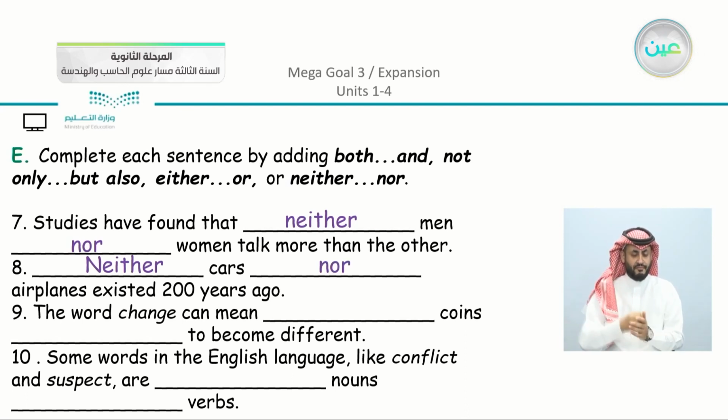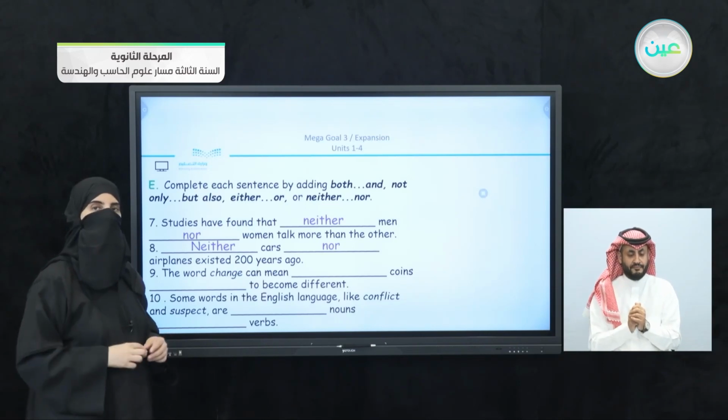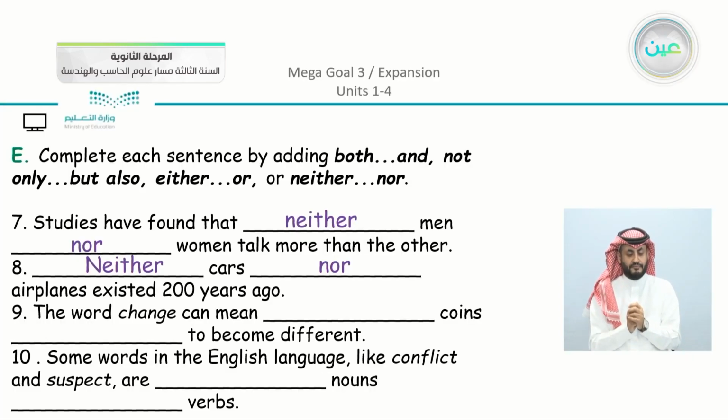And also I remind you to pay attention and watch out for your capital letters. The word change can mean blank, coins, blank to become different. What do you feel is suitable here? We can add either count coins or to become different.